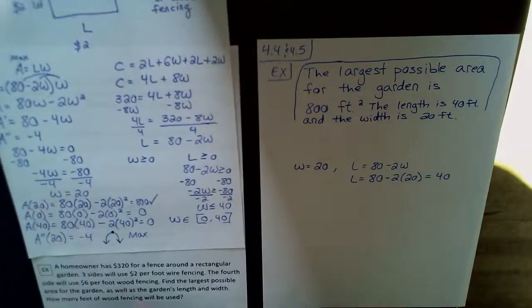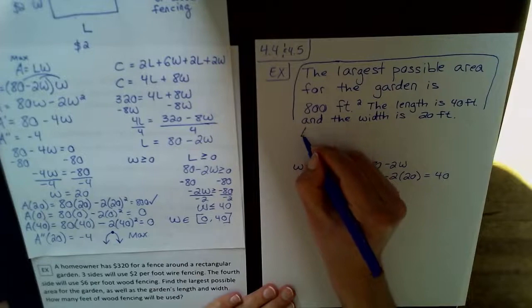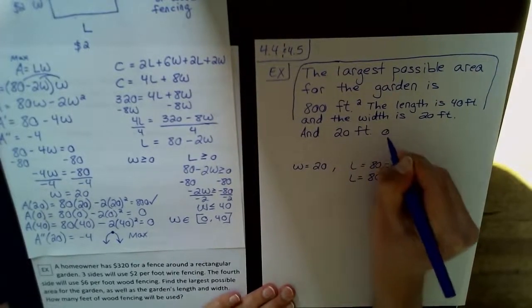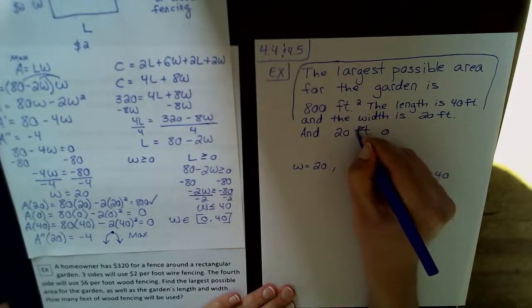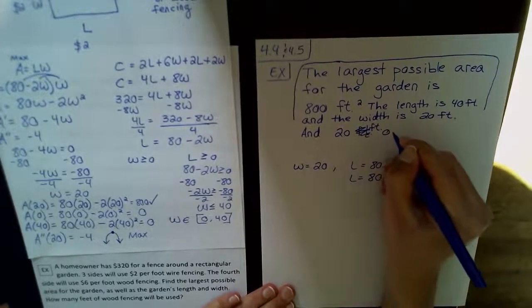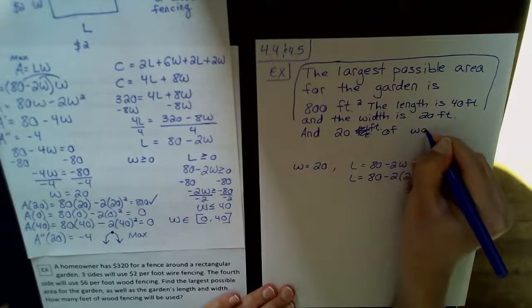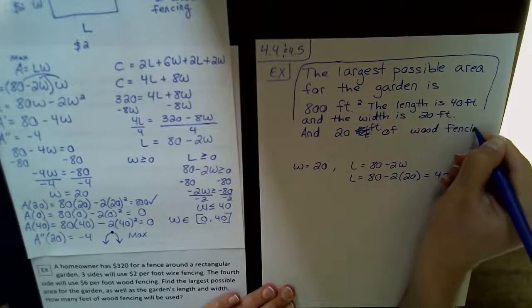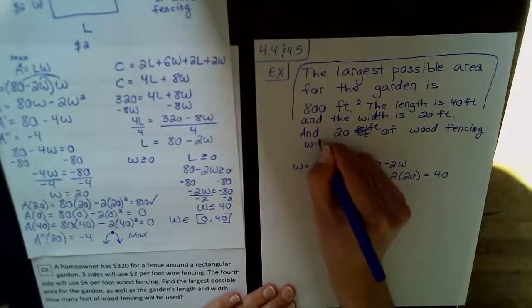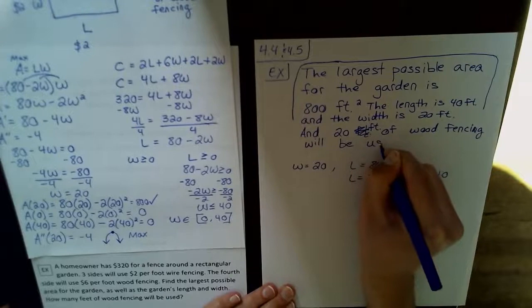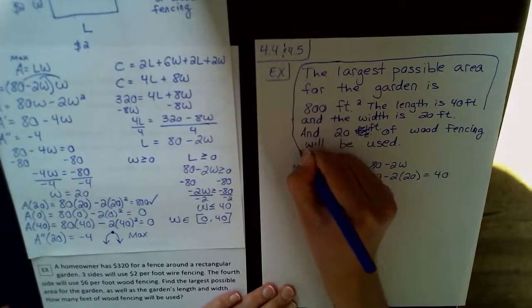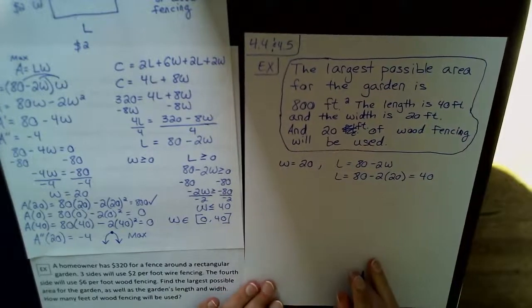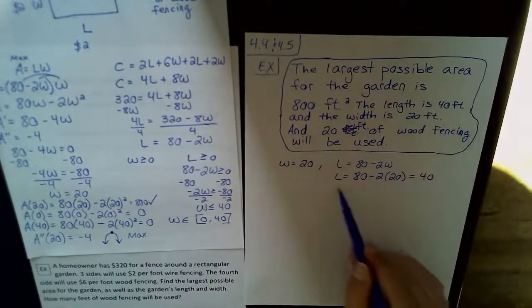So how much wood fencing will be used? 20 feet. That's a pretty terrible feat. 20 feet of wood fencing will be used. And this completely solves the entire problem.